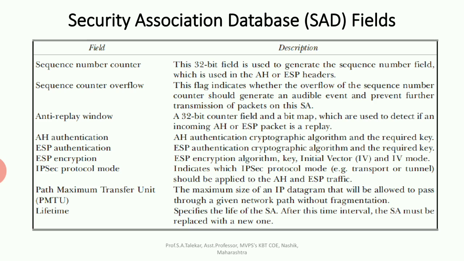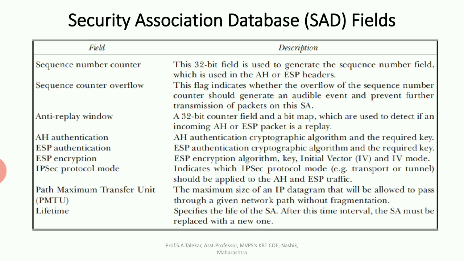AH authentication: the AH authentication cryptographic algorithm and the required key. ESP authentication: the ESP authentication cryptographic algorithm and the required key. ESP encryption: the ESP encryption algorithm, key, initial vector and initial vector mode. Then IPsec protocol mode indicates which IPsec protocol mode, for example transport or tunnel mode, should be applied to AH and ESP traffic.